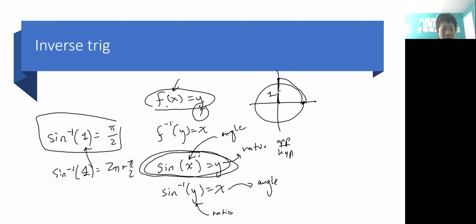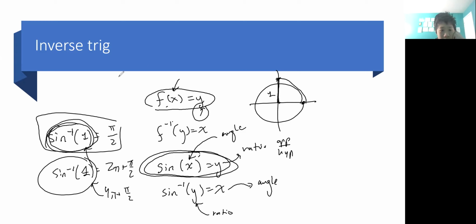So there are multiple possible values for this inverse sine. We could also have 4 pi plus pi over 2. As long as we go a full revolution and then add pi over 2, we get back to this point, which means it always corresponds to this.